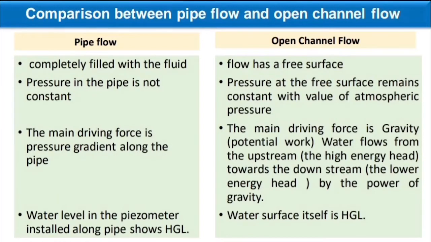In pipe flow, the main driving force is pressure gradient along the pipe, whereas in open channel flow, the main driving force is gravity. Water flows from the upstream towards the downstream by the power of gravity. In pipe flow, the water level in the piezometer installed along with the pipe shows the hydraulic gradient line, whereas in open channel flow, water surface itself is a hydraulic gradient line.